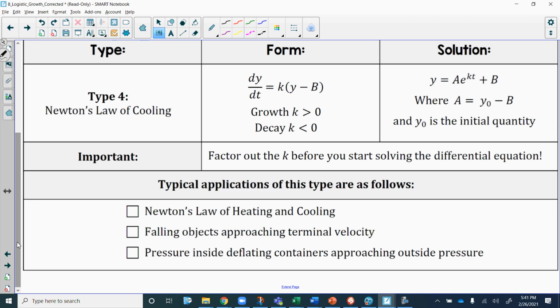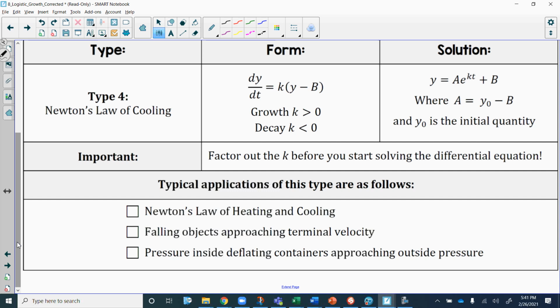And the general solution is going to be a times e to the kt power plus b, where a represents the constant of integration as we work through the problem. And they're giving you this niche little thing here to show you that a can be found by taking the initial temperature minus the ambient temperature to get the a value.